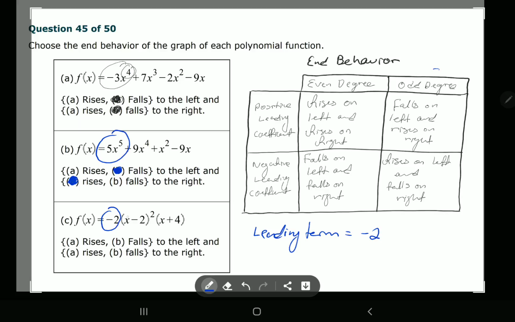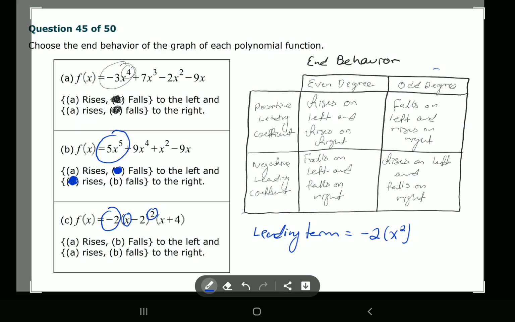Now here we have an x, but that quantity is being raised to the second power. So the leading term here is going to be x squared. Because when I distribute that out, x minus 2 times x minus 2, I'm going to have x squared minus 4x plus 4. X squared is going to be the leading term of that part.